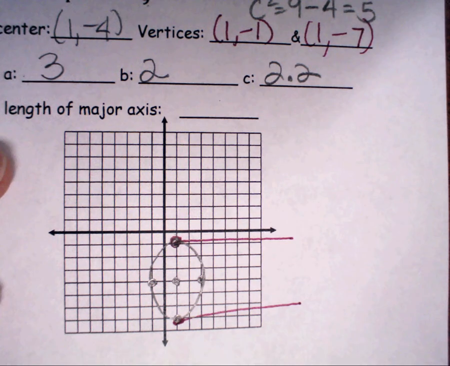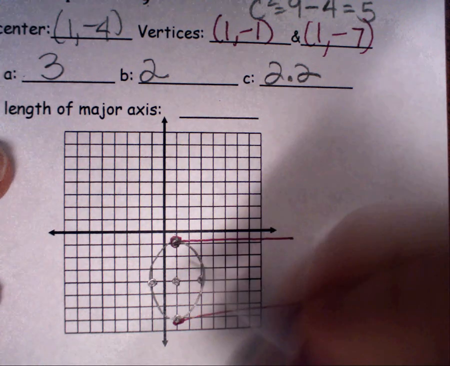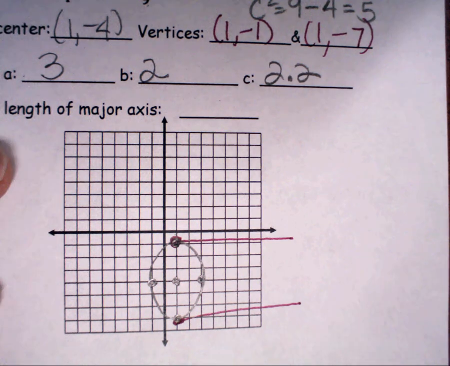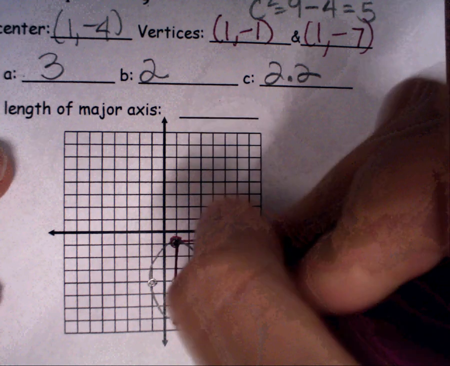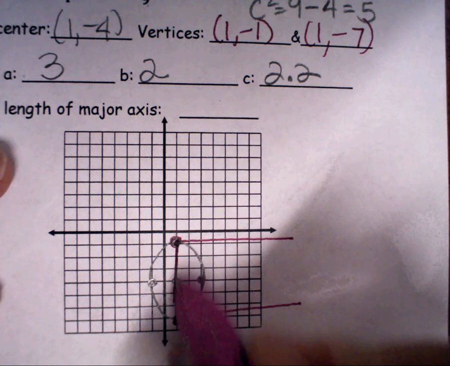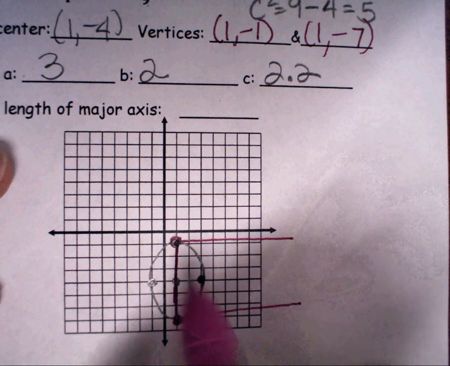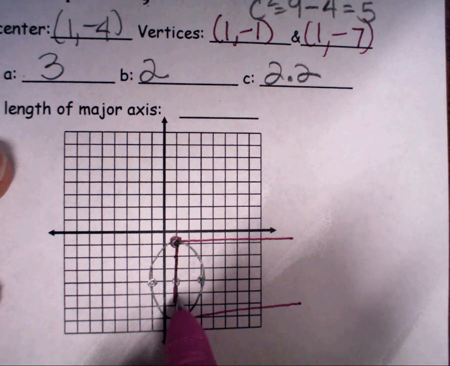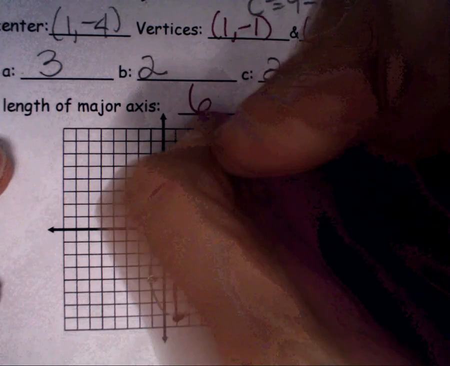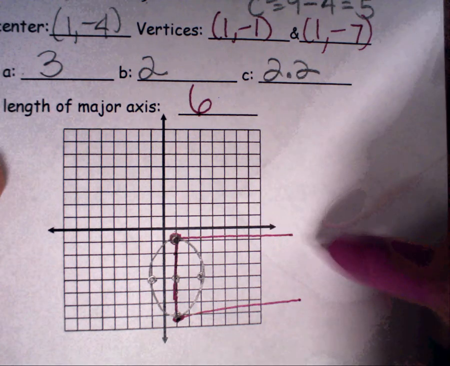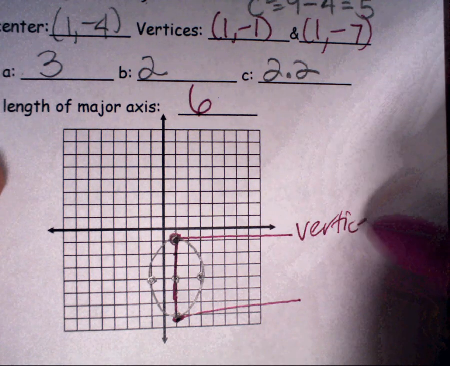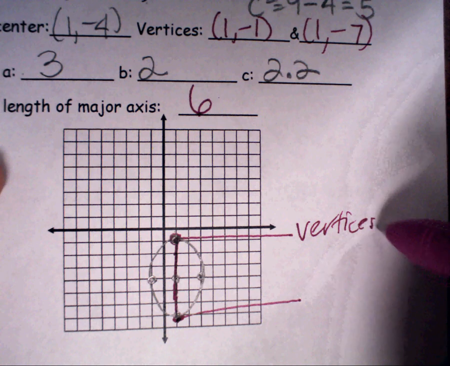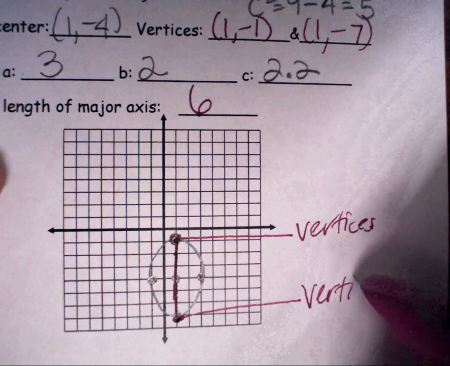And then the length of my major axis goes from one vertex to the other. So the length of this whole thing, the major axis, would be 1, 2, 3, 4, 5, 6. So again, these are vertices, and from end to end is the length.